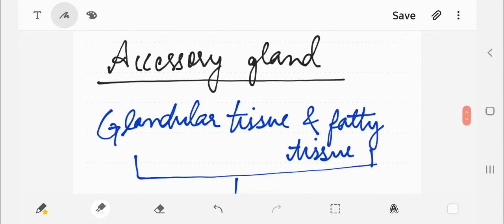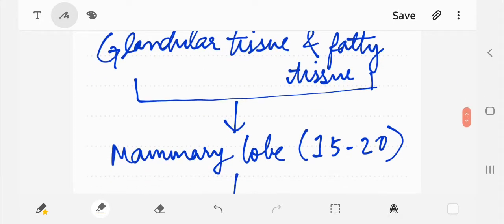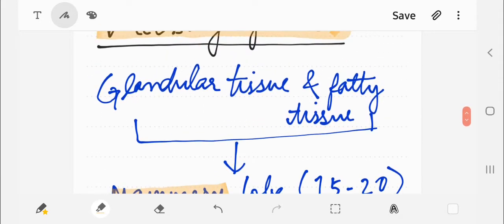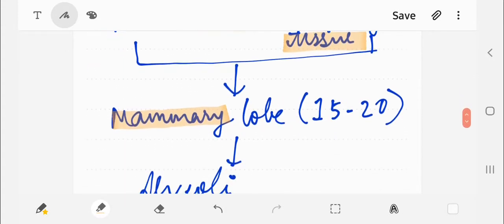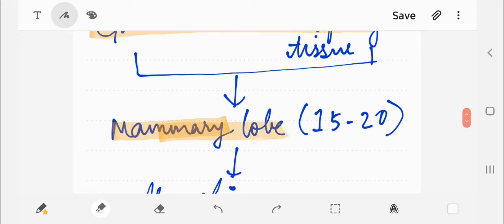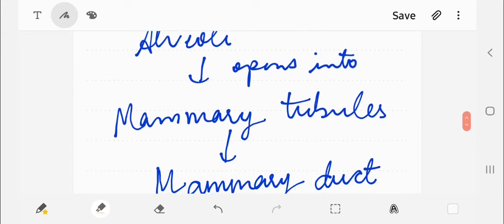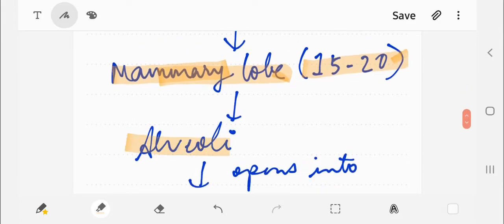And the next is your accessory gland, that is the mammary gland, and it consists of the following parts: glandular tissue and fatty tissue, which are attached to form the mammary lobes. So there are 15 or 20 mammary lobes, which consist of groups of cells called alveoli.